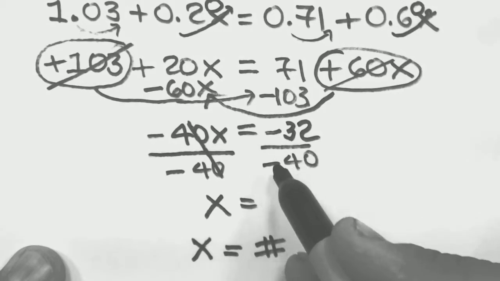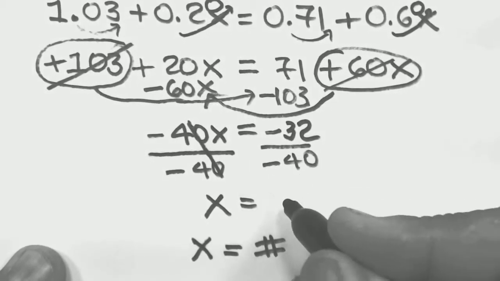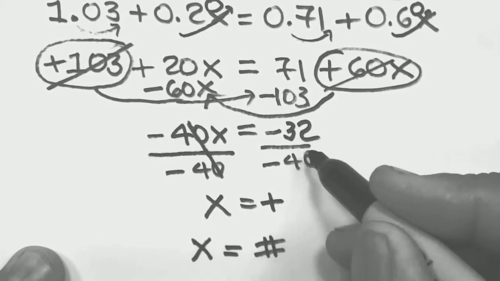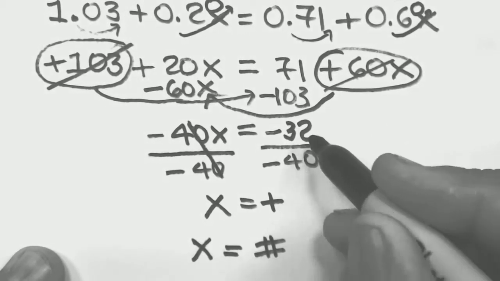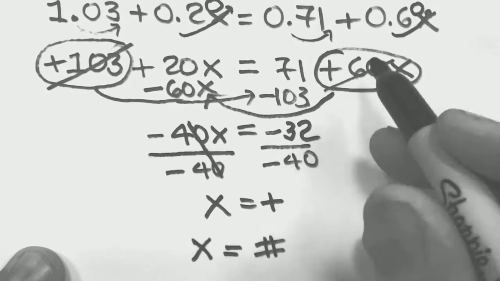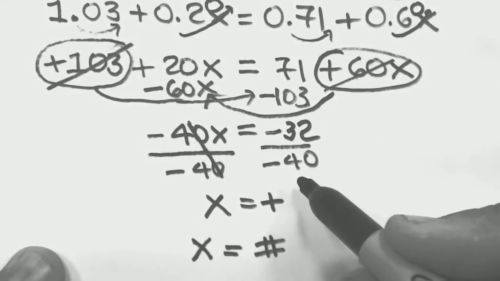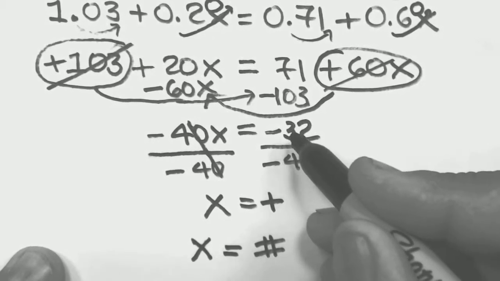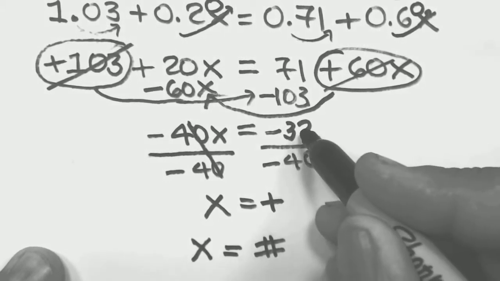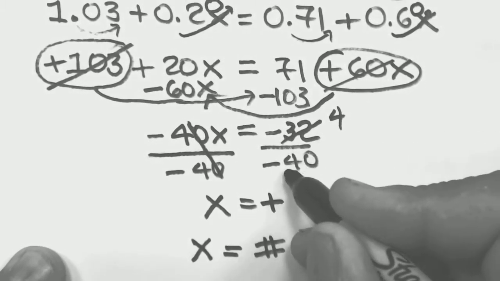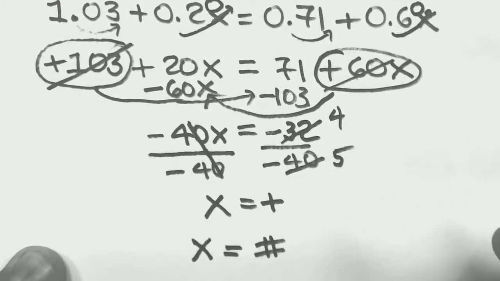Now notice on the right here, the 2 minuses combine to give me a plus. Now, we can do some reducing here. It's okay to leave the answer as a fraction. Even if we started with decimals up here, you can go whatever works the best on it. Let's see, 8 will go into both of these. 8 goes into 32 4 times, and 8 goes into 40 5 times.